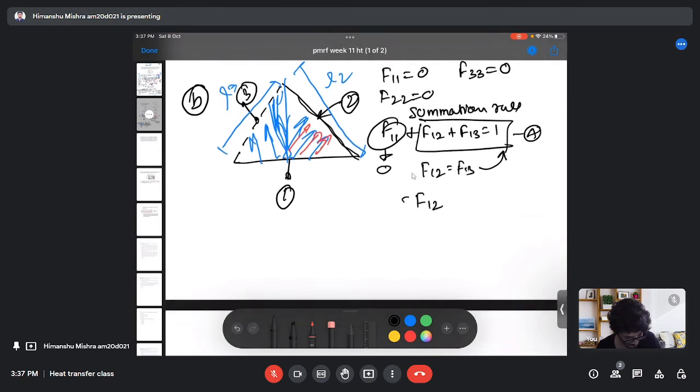So we use this relation in equation A. We can find F12 and F13 are 0.5. So now if we want to find F21, we will use the reciprocity theorem.